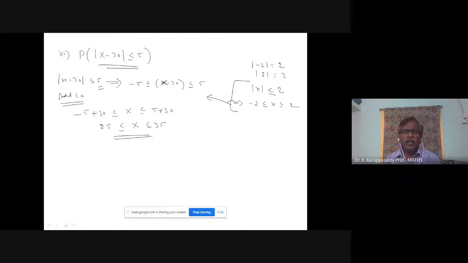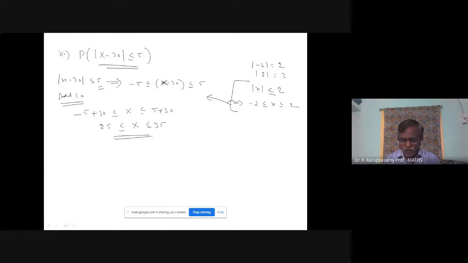Any number you can take in this range: 25 to 35, 27, 32, 35, everything. Just to find the difference, either x minus 30 or 30 minus x, the difference means finally you are going to get a positive answer, largest minus smallest. So your answer is 25 to 35.